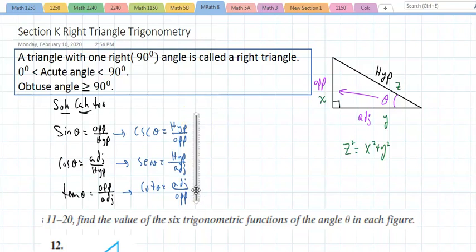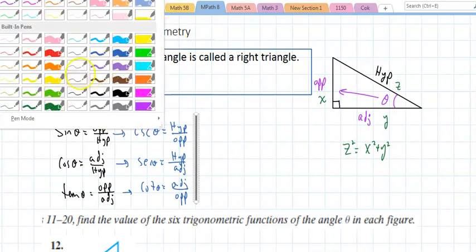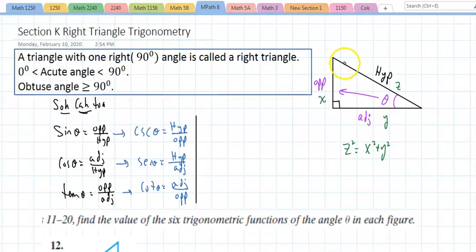That's always the case. Also, if I label this angle beta, let me go with a different color. What color should I choose? If I label this angle beta, as far as beta is concerned, this would be the opposite of beta, this would be the adjacent of beta, and the hypotenuse is fixed.